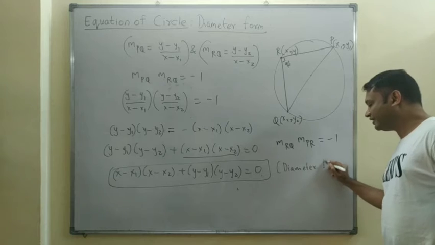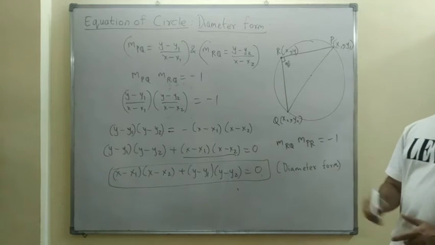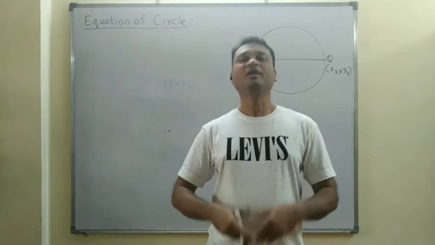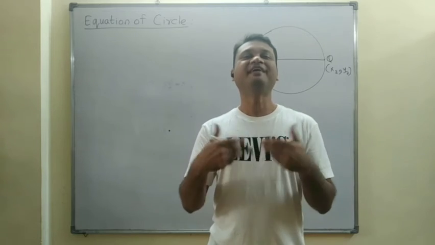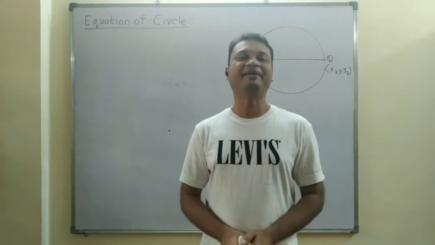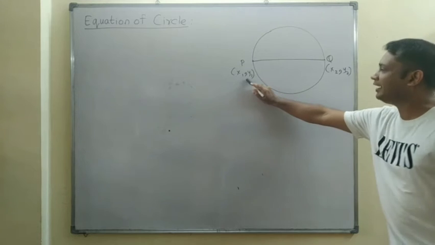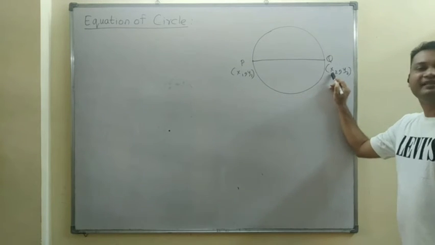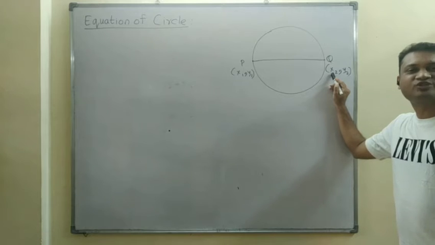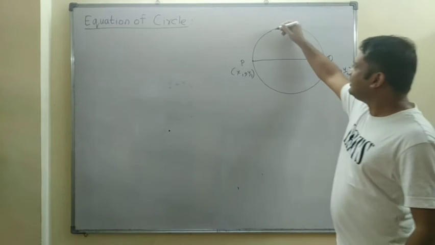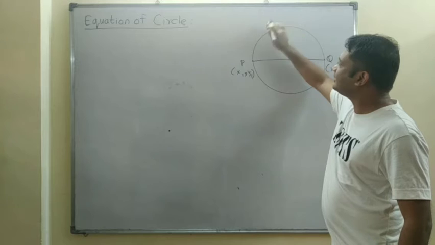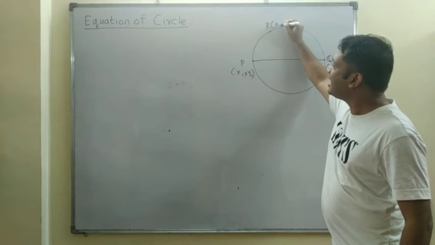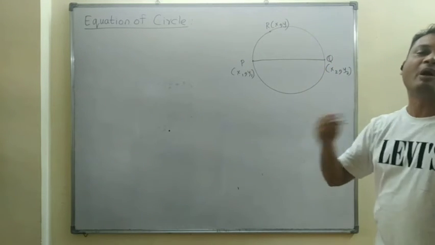So we have studied till now four equations of circle. Dear students, we derived the equation of circle in diameter form. Suppose we have one end of the diameter as P(x1, y1) and another end of the diameter as Q(x2, y2), and any general point R on the circle having coordinates (x, y).